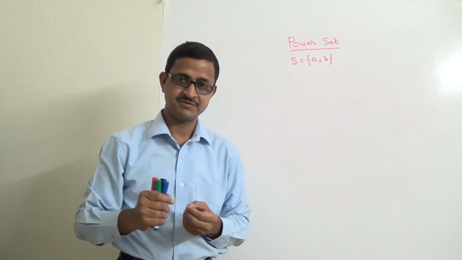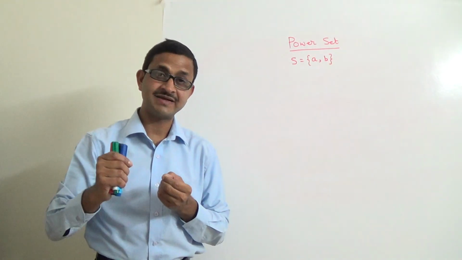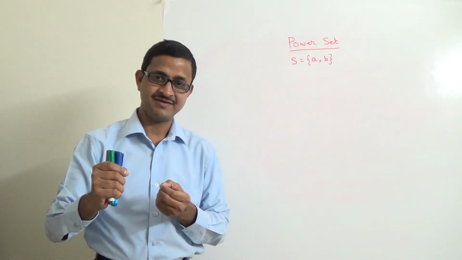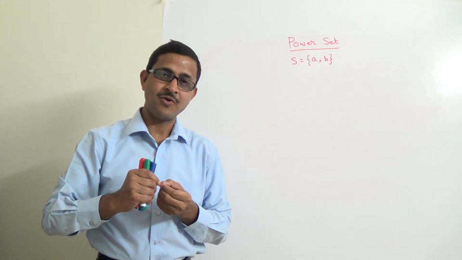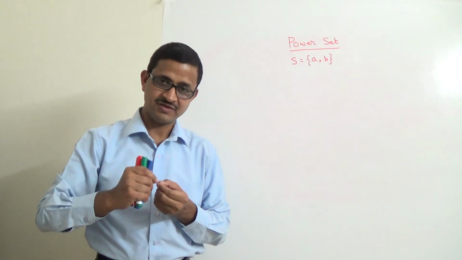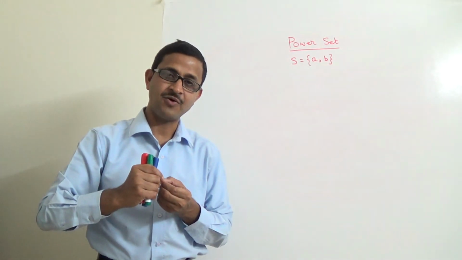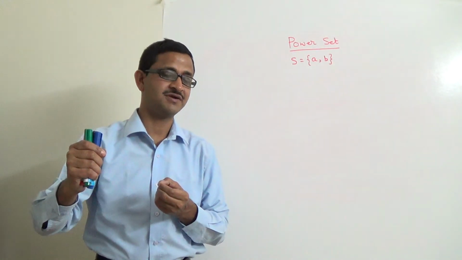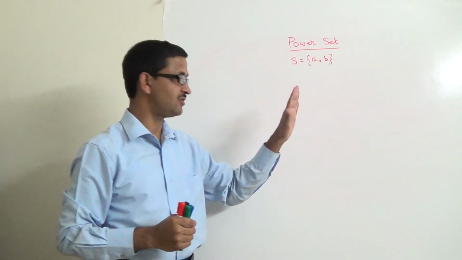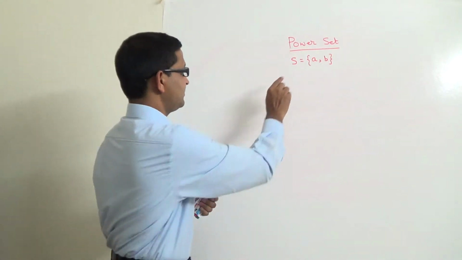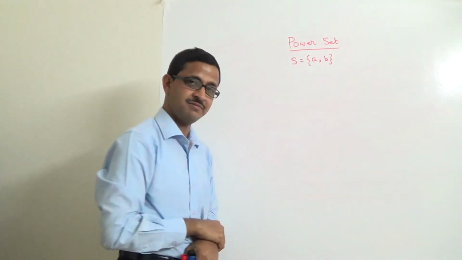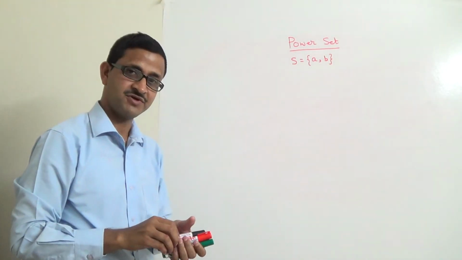I repeat, the power set of a set S is a set that contains all the possible subsets of the set S. Let's see by means of this example. If this set S contains two elements A and B, what are the possible subsets?